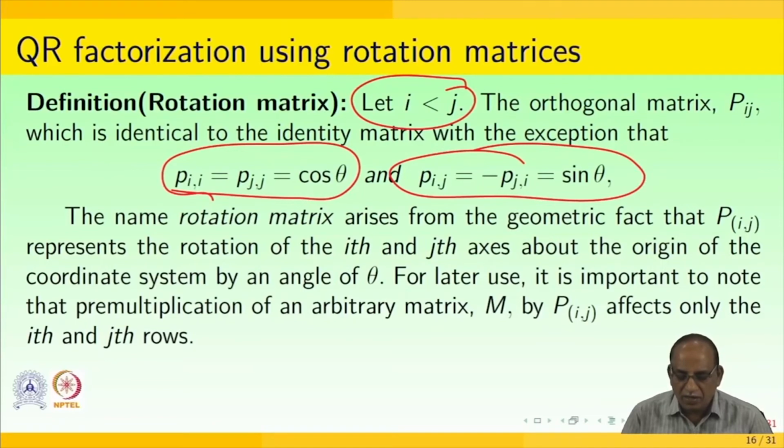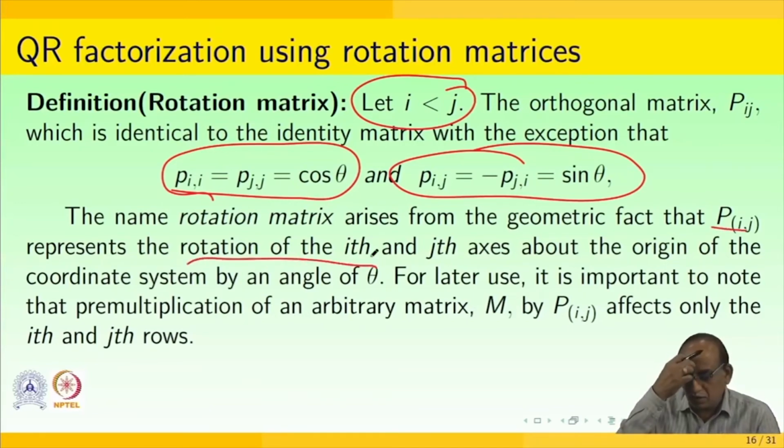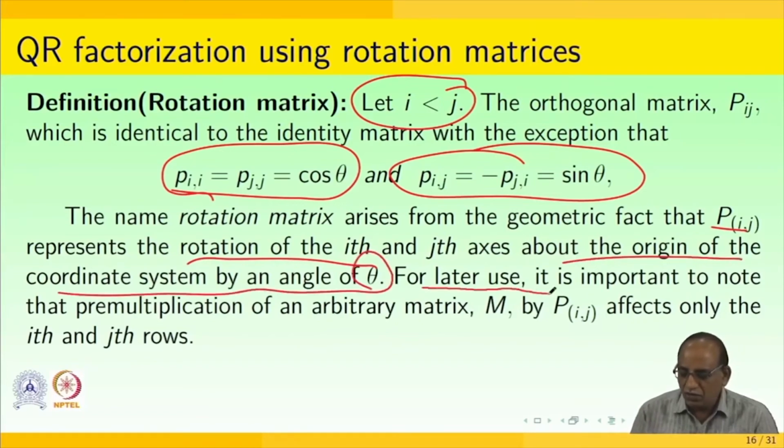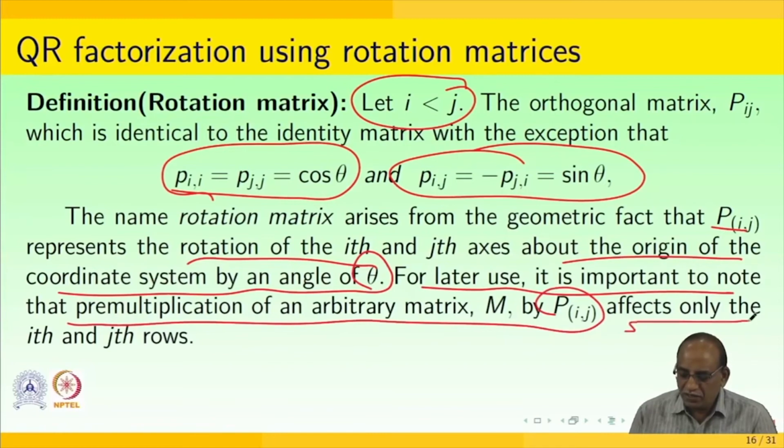The name rotation matrix arises from the geometric fact that Pij represents the rotation of the ith and jth axis about the origin of the coordinate system by an angle of theta. For later use, it is important to note that pre-multiplication of an arbitrary matrix M by Pij affects only the ith and jth rows.